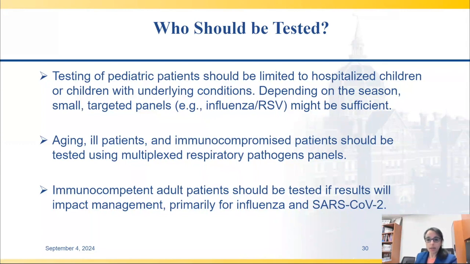So small and targeted panels, for example during the influenza season, might be sufficient. Ill patients and immunocompromised elderly patients should also be tested using multiplexed respiratory pathogen panels. And immunocompetent adult patients should be tested if the results, again, will impact the management. But we agreed on primarily testing for influenza and SARS-CoV-2 because of the availability of antivirals for these two viruses.